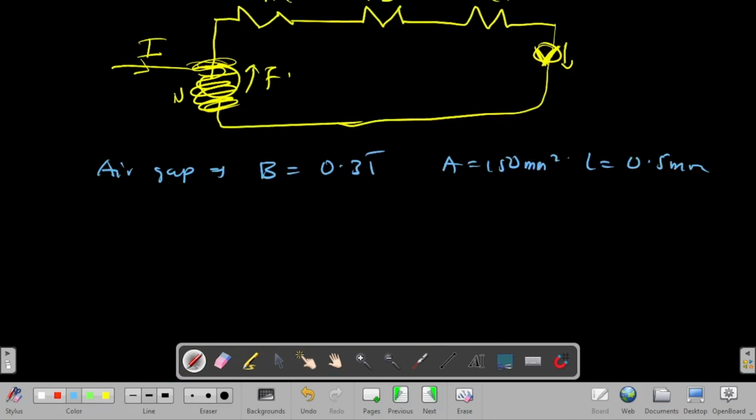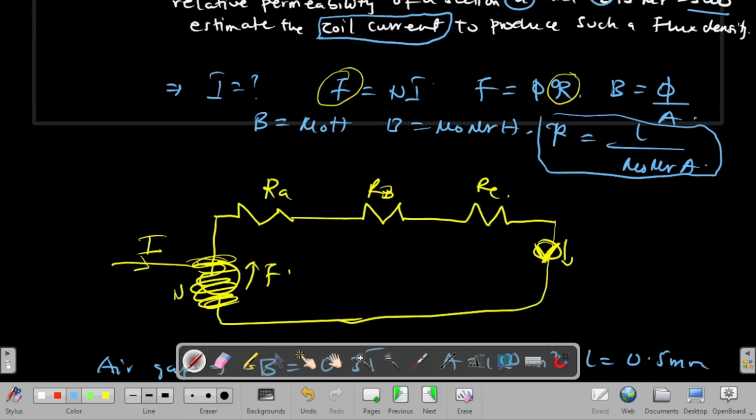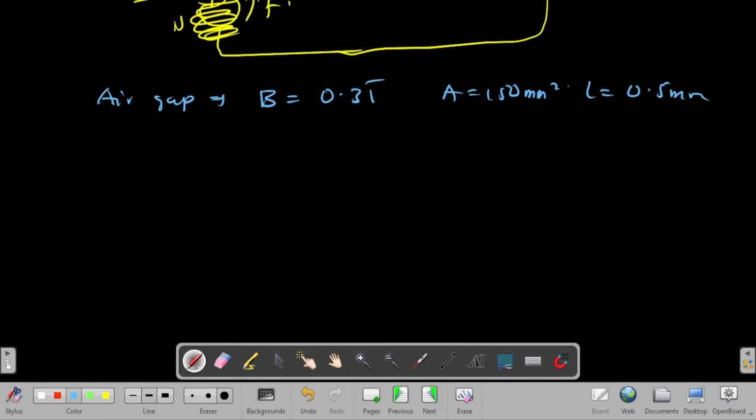Remember the formula I wrote here: B is equal to flux over area. I can multiply and find my flux. Since they are connected in series, the same flux flows through and returns back. It doesn't change. So the flux in the air gap is equal to the flux in the entire circuit.